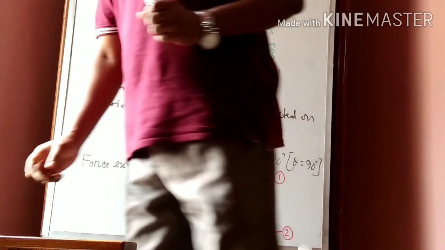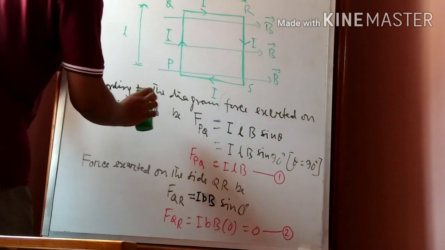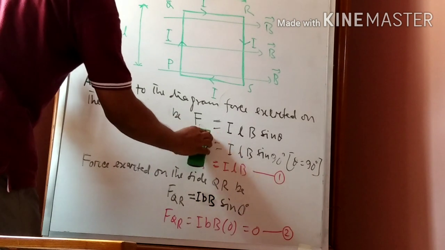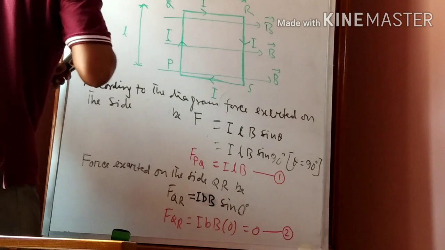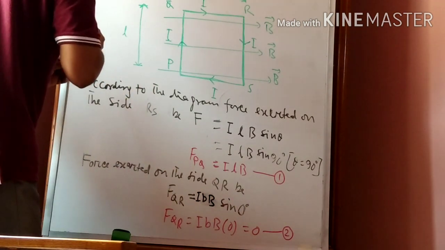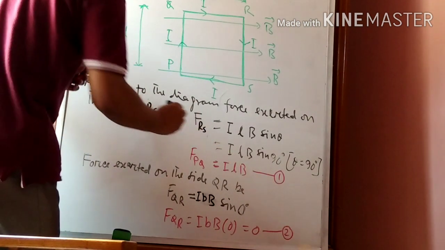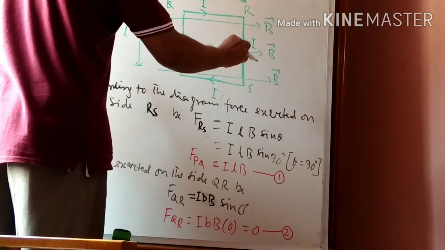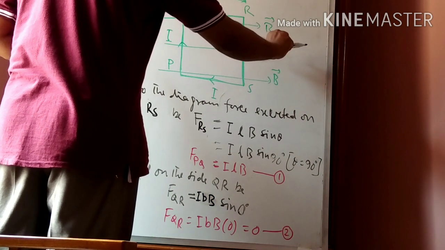Force exerted on the side RS, F_RS. Now you see, again the flow of current is I, length is L, and the magnetic field is perpendicular.